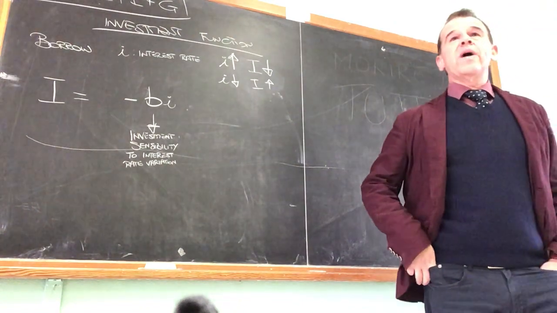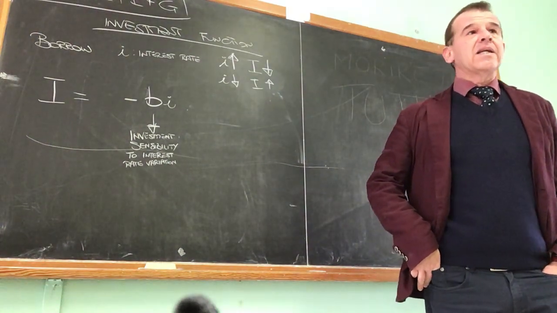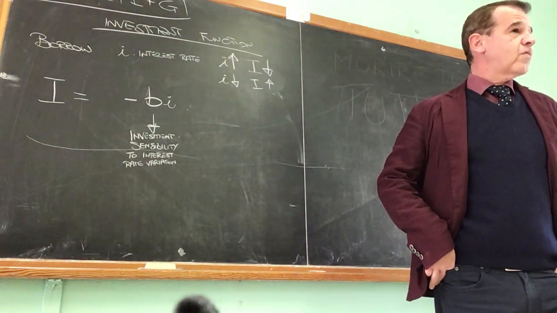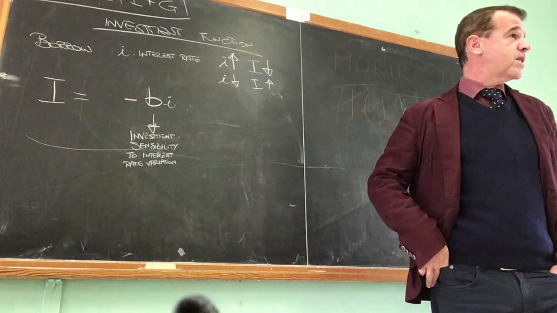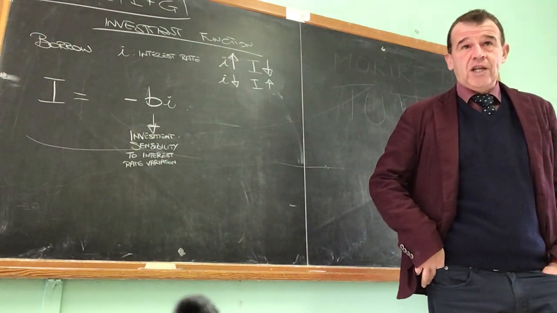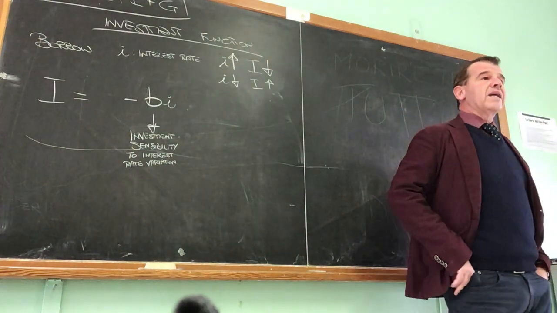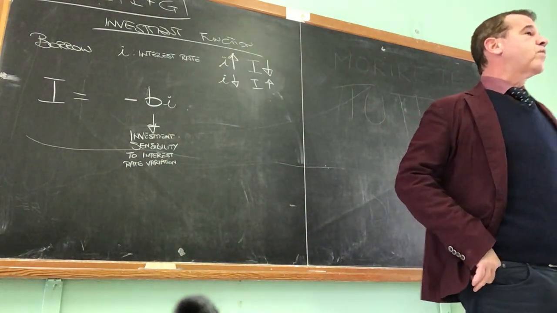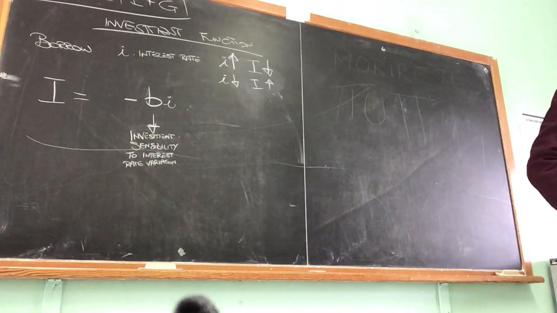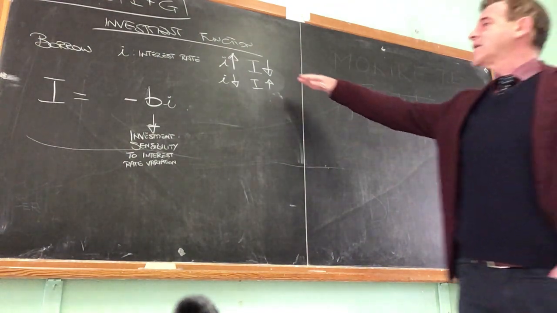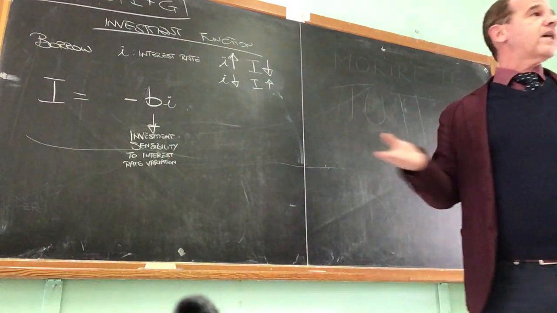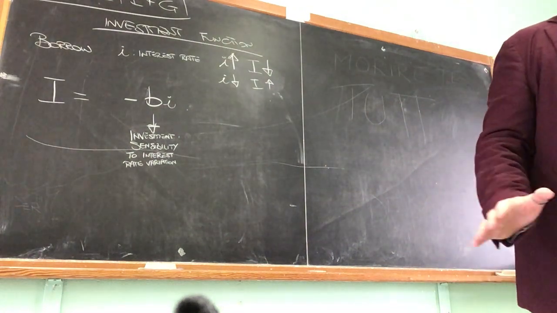I am anyway compelled to change it, right? I have to change it. I must change it, correct? So inside the companies, there are a certain amount of investments that, never mind how much is the interest rate, companies have to do.